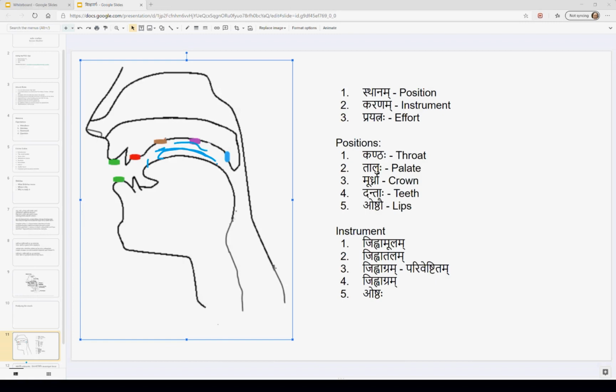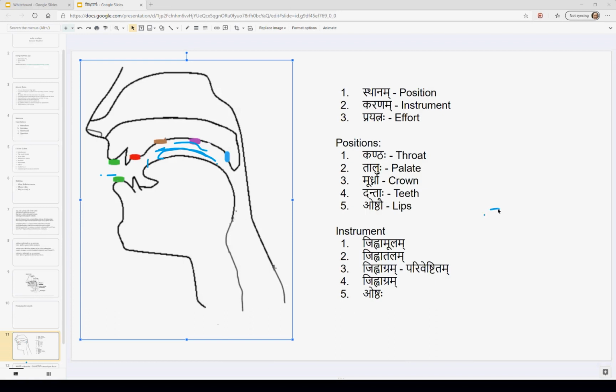So there is a slight contraction of air when passing out, and the lips are horizontally stretched a bit, and the sound comes out as E.